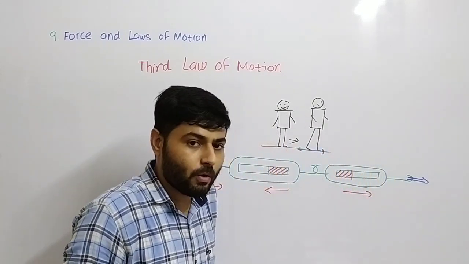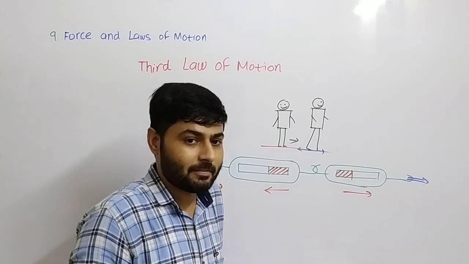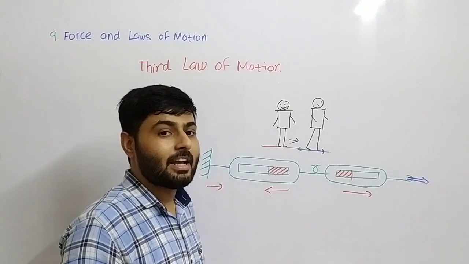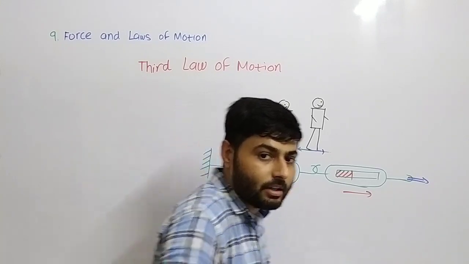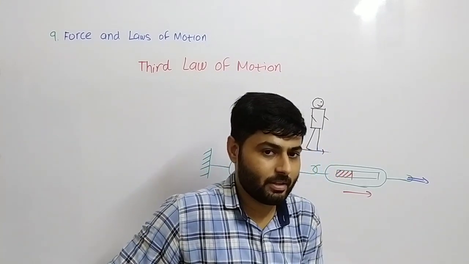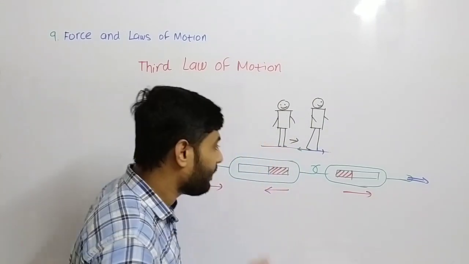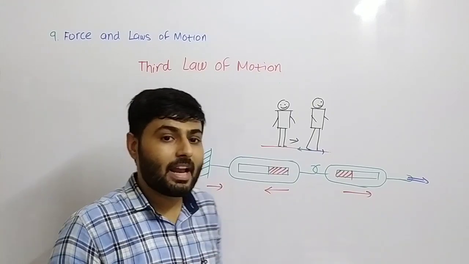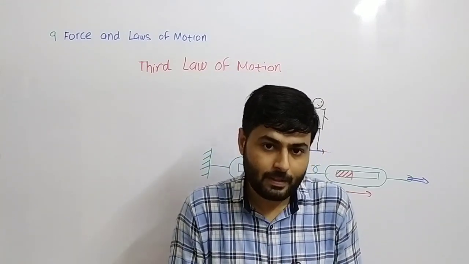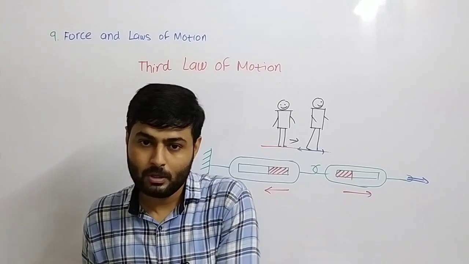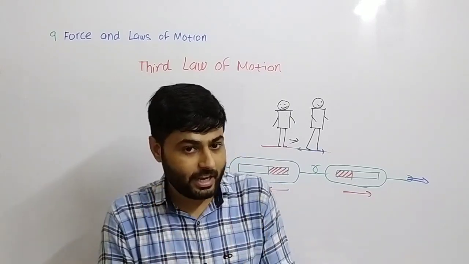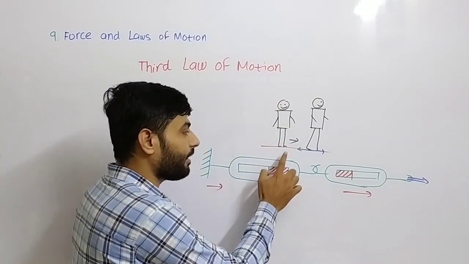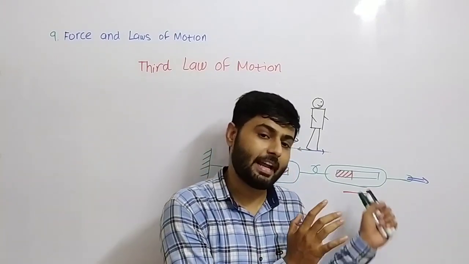If the floor was not that heavy or not that rigid, then I would not move ahead but the floor would move backward. But we know that that cannot happen. So when we are walking, we apply force on the floor but the floor cannot move. So the floor exerts the same amount of force in the opposite direction, so we can move on the floor like this.